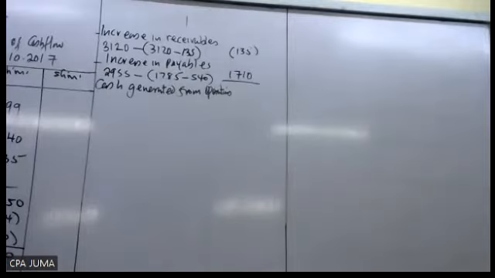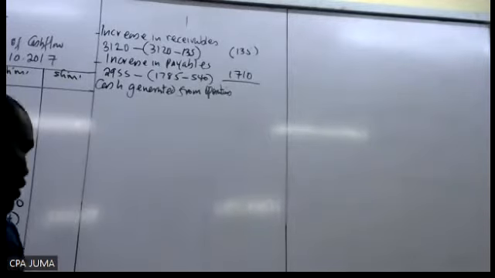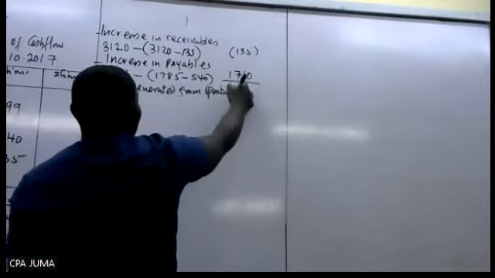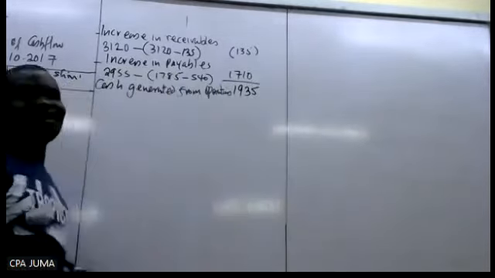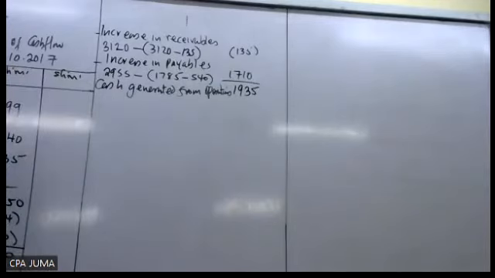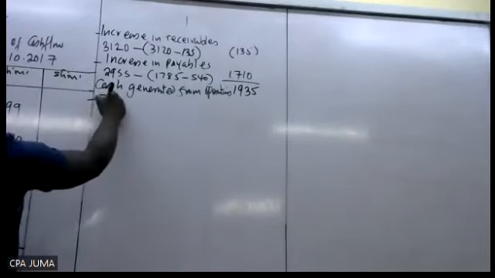Cash generated from operations, you are getting 1260, 1935. Now the exchange, tax paid.